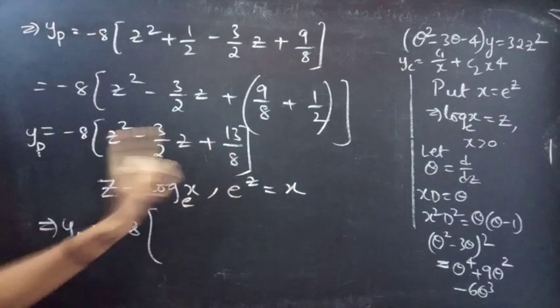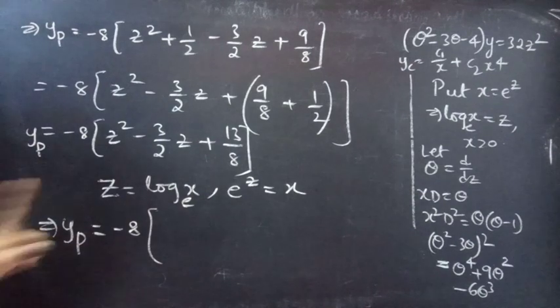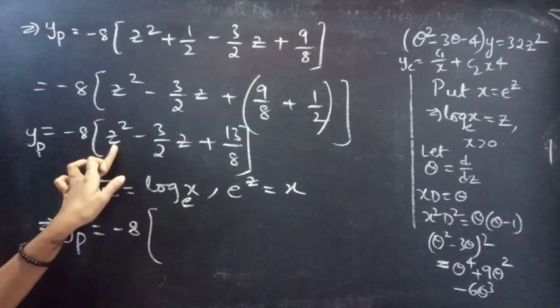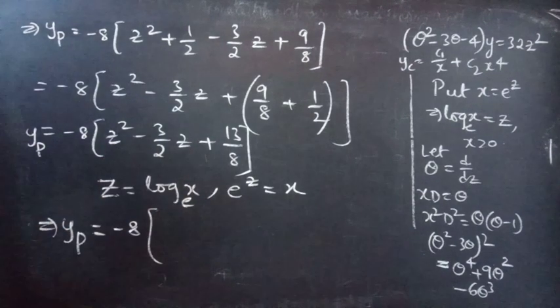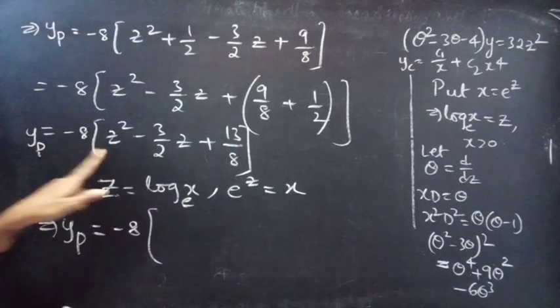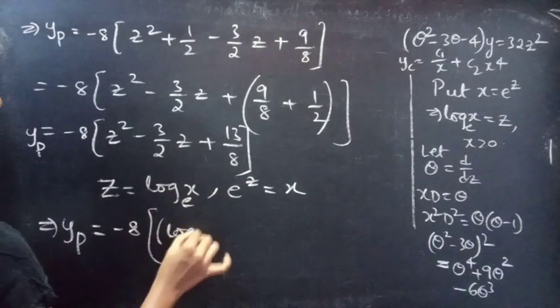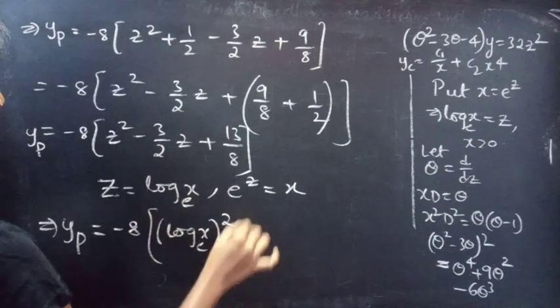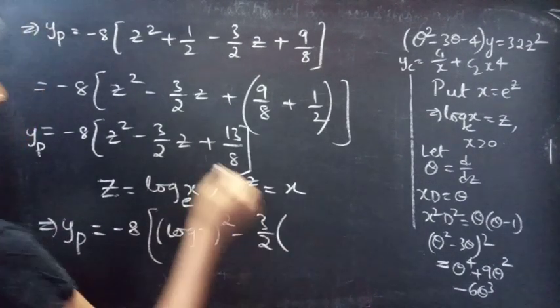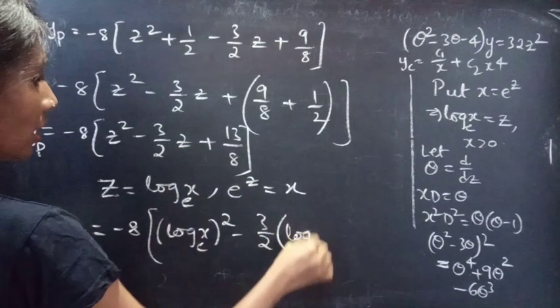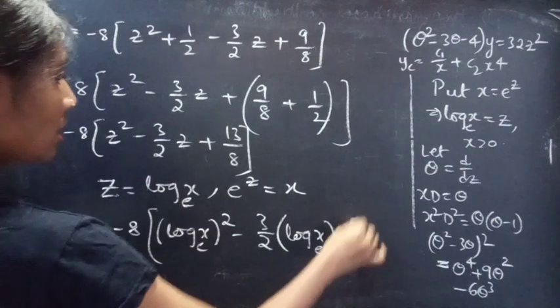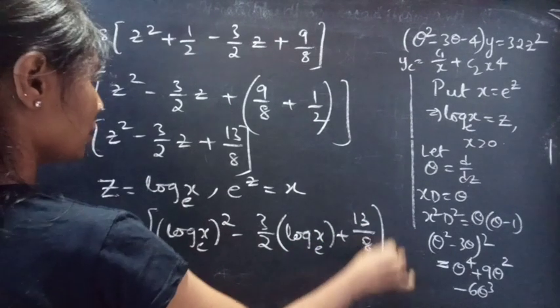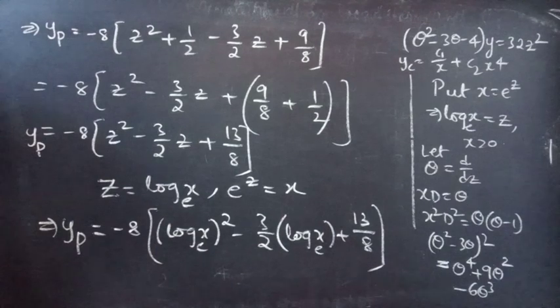We don't have terms involving e power z, we have only z, so we need to replace z by log x to the base e. Then yp becomes minus 8 into (log x to the base e) whole square minus 3 by 2 into, replace z, we get log x to the base e, plus 13 by 8. So this is the required yp.